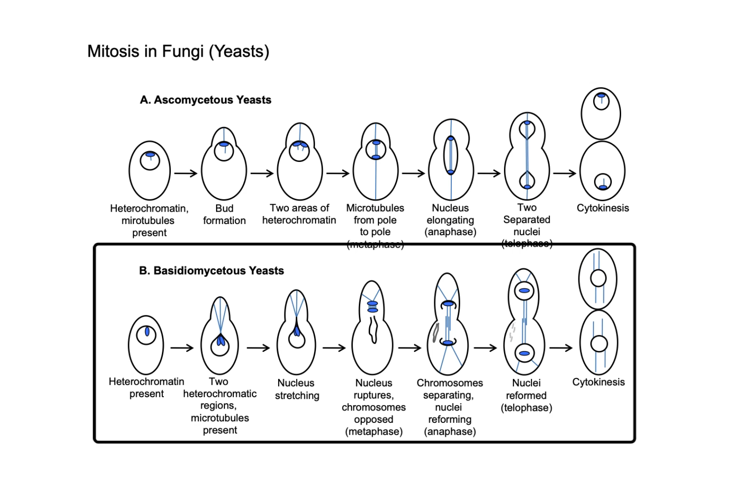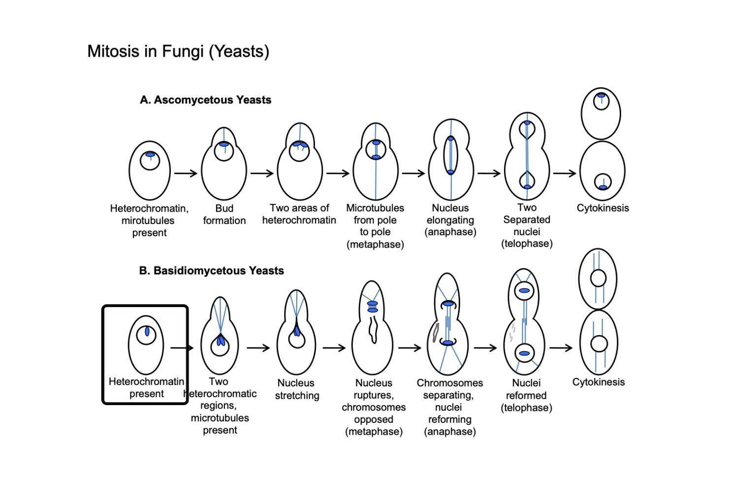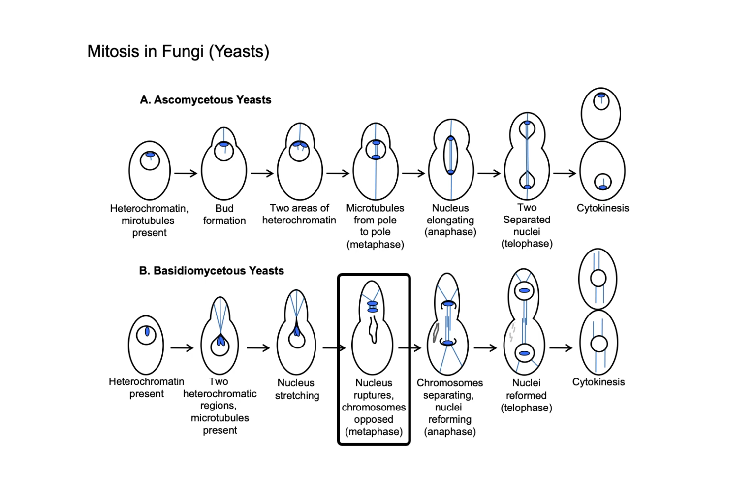In basidiomycetes, down here, basidiomycetous yeasts, you have a similar situation at the beginning. You have the chromosomes duplicating, microtubules forming outside of the nucleus, but the microtubules outside of the nucleus are pushing out the bud, and they rip the chromosomes out of the nucleus, and the nuclear membrane disintegrates over in the corner.